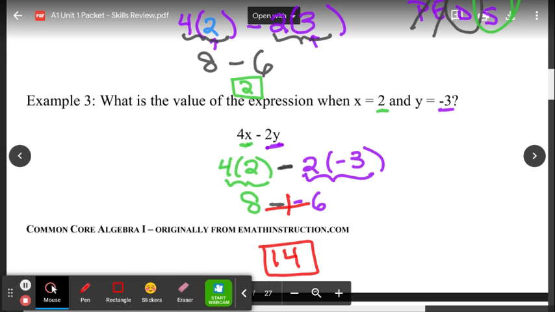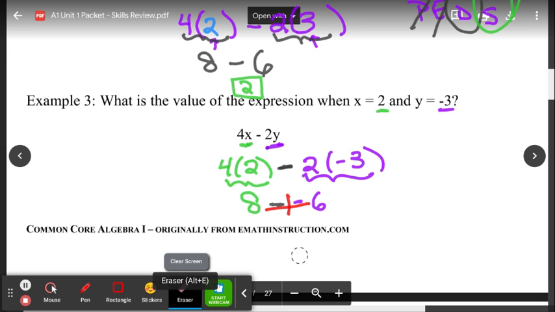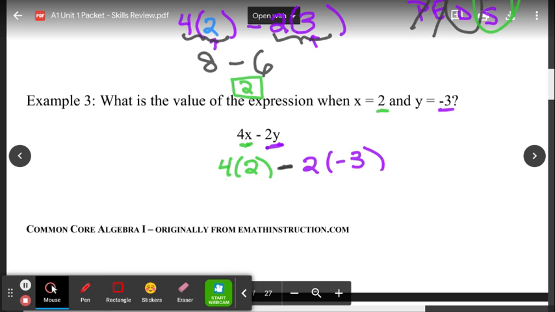Now, I'm going to erase a little bit. And really, the problem isn't going to look any different. So at this point, you can put your pencil down and just watch. Okay, here's my problem. You get that little bit for those of us that are a little bit anxious about fully erasing. So I still have 4 times 2.